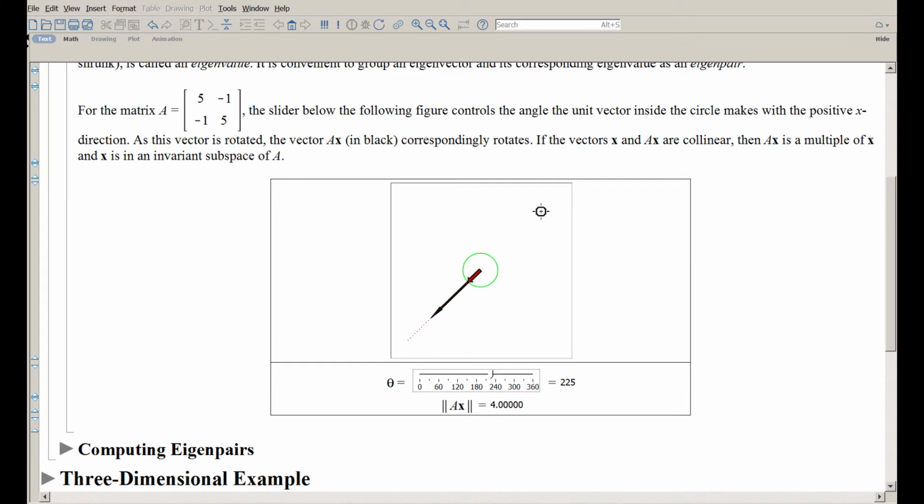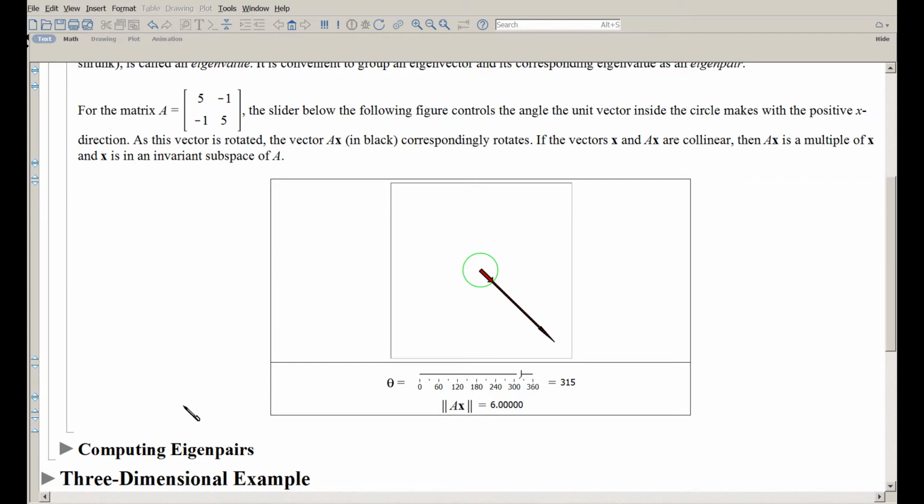So it is this whole line that remains invariant under the action of A, and that's why we talk about an invariant subspace. And if we keep going, it will come around to here. We see that again the stretch factor is 6, and this whole line is an invariant subspace.